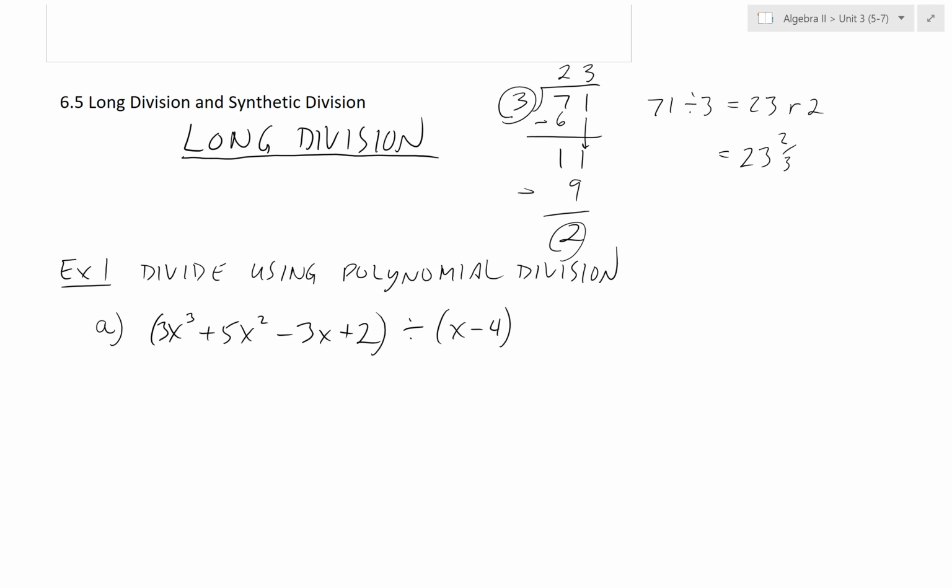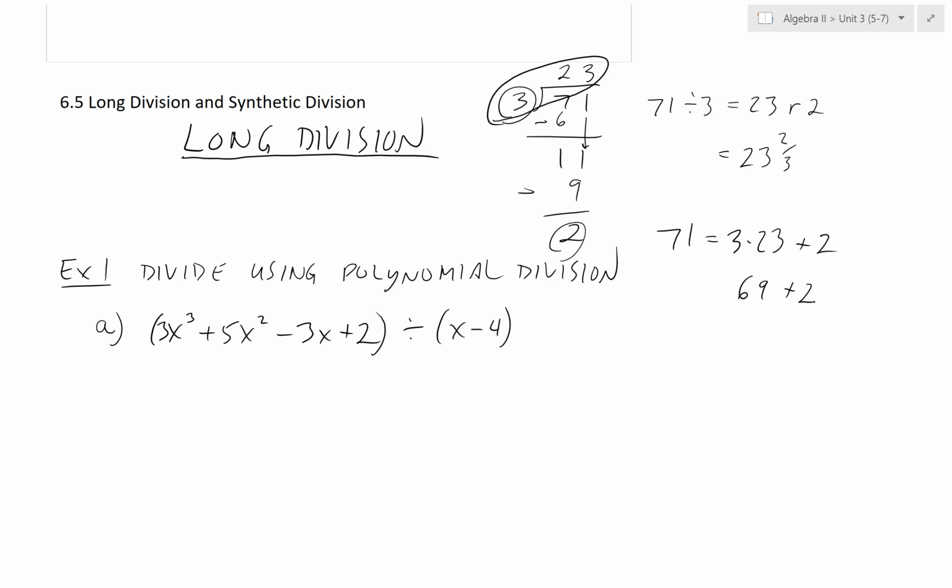Okay? We can also say that 71, take a look at this because we're going to do this with the polynomials also. 71 is equal to the product of these, 3 times 23 plus the remainder. 3 times 23 is 69 plus 2 is 71.